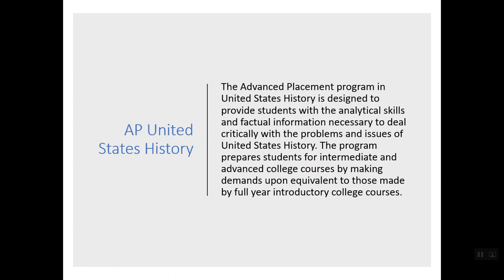It's to prepare them for intermediate and advanced courses by making the demands similar to those in full-year introductory college courses. So this is similar to History 101 and 102, those survey-level courses, so that if your student scores high enough on the AP exam, they are able to go straight into some of the more intermediate and advanced history classes at college.